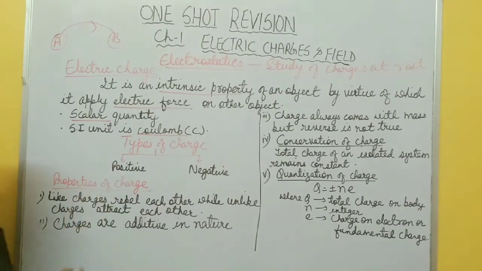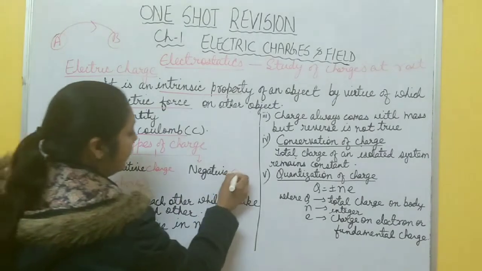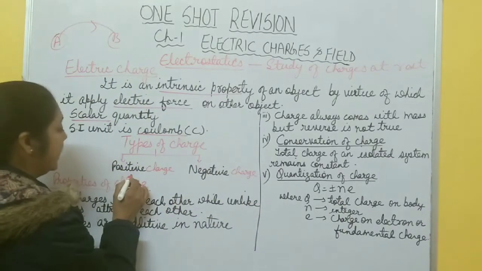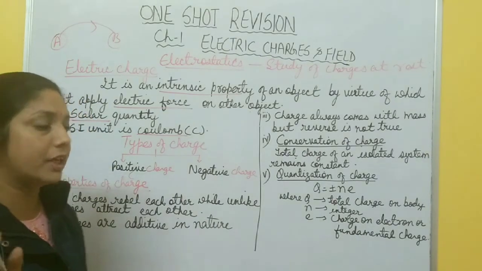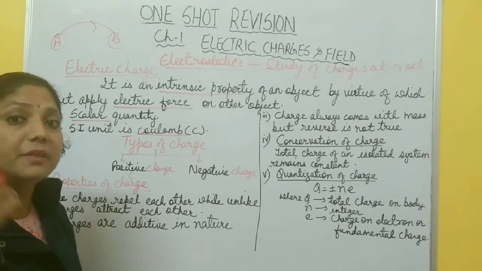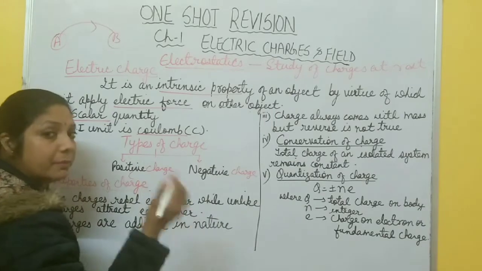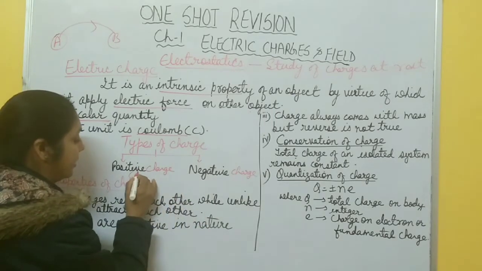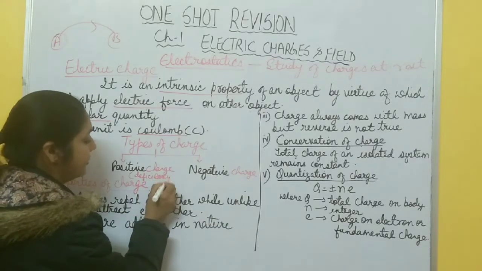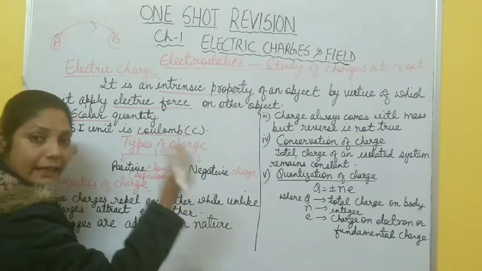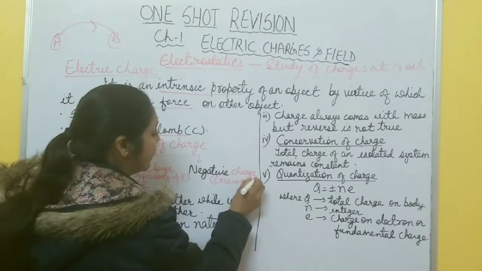Now there are two types of charge. One is positive charge and the other is negative charge, right? Every object is neutral, having an equal number of positive and negative charge. So what is positive charge? It means there is some deficiency of electrons, more protons are present. So positive charge means deficiency of electrons, and negative charge means excess of electrons.